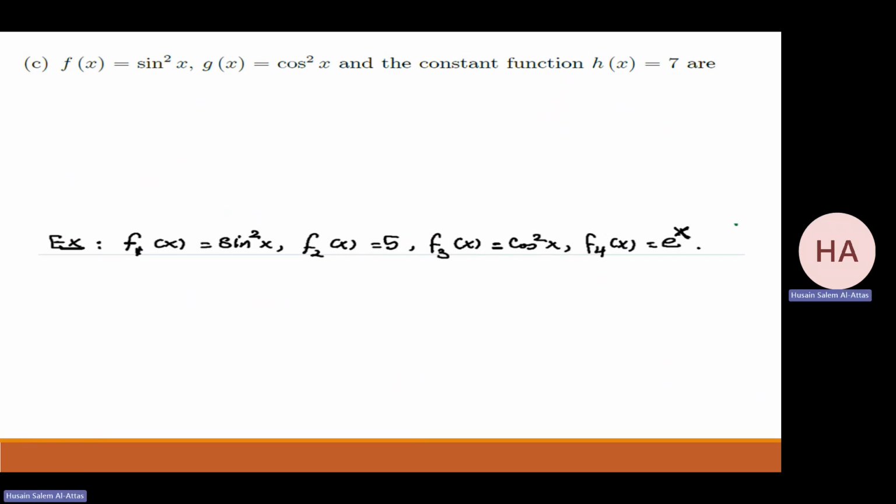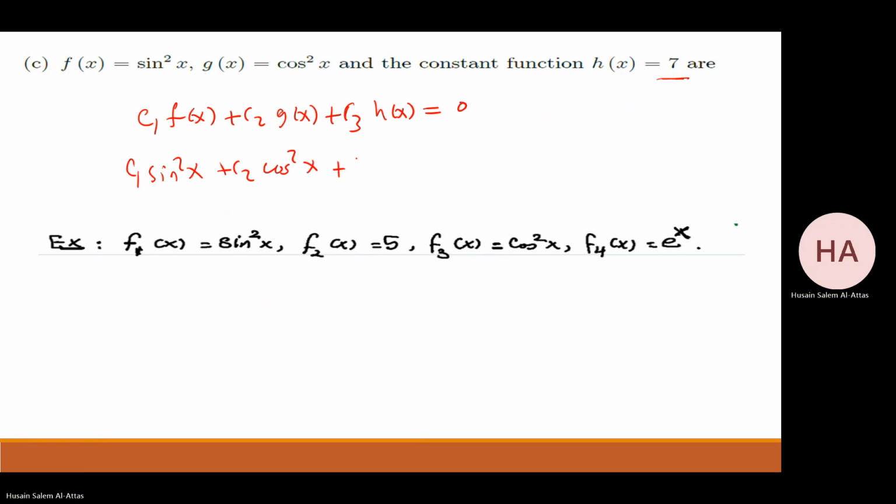Sine square, cosine square, and another function 7. Can I prove that they are linearly dependent? Yes. I have C1 f of x plus C2 g of x plus C3 h of x equals 0. I have C1 sine square plus C2 cosine square plus C3 times 7 equals 0.